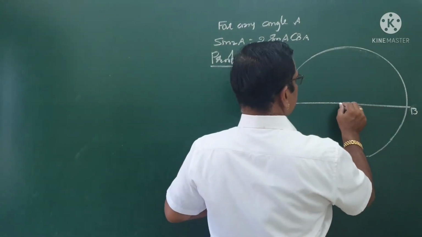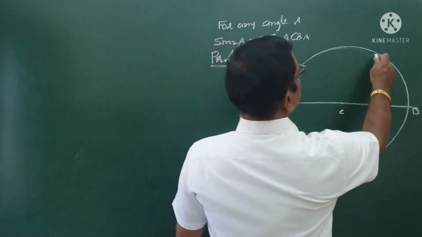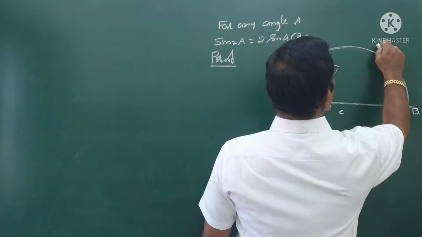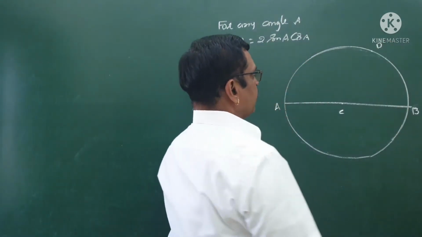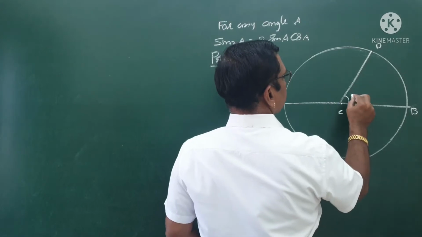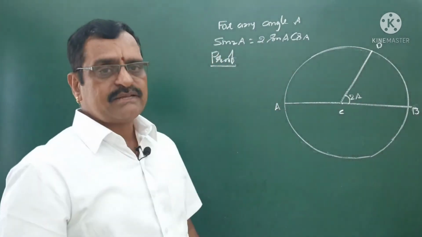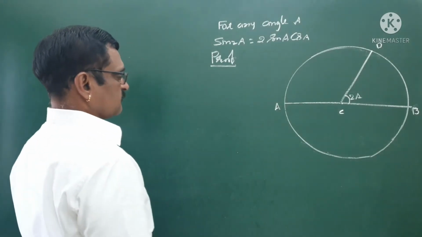Let C be the center. Let D be a point on the circle such that angle BCD is equal to 2A.